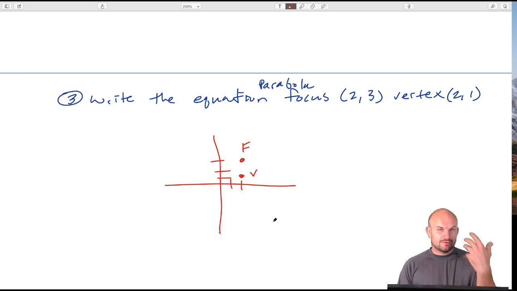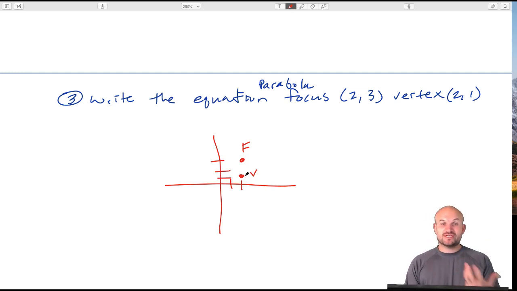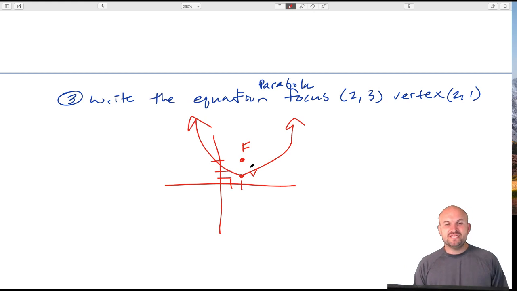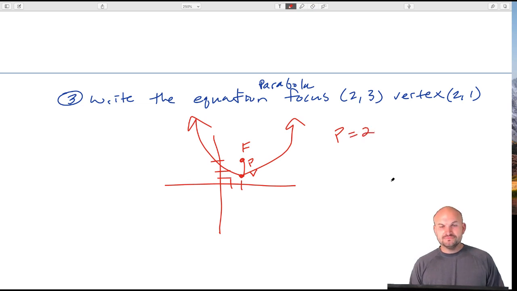So remember, when you're looking at a parabola in conic sections, the vertex always opens up towards the focus. So my vertex is going to look something like that. And remember, the distance from the vertex to the focus is P. So in this case, we can say P is equal to 2. All right, now since this is going to open up, we know that X is going to be squared.